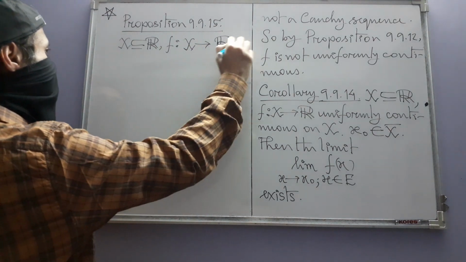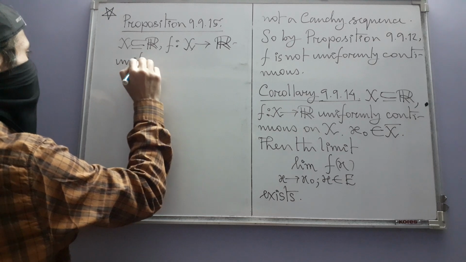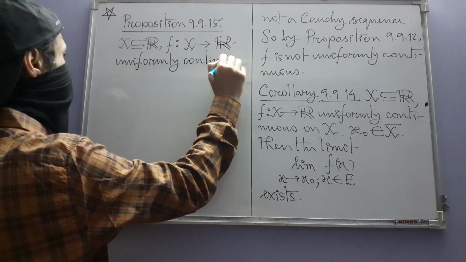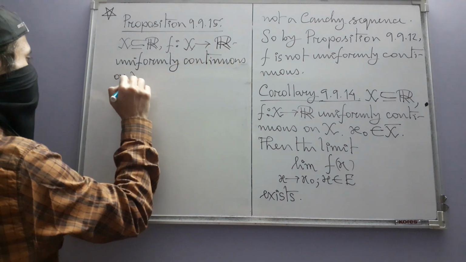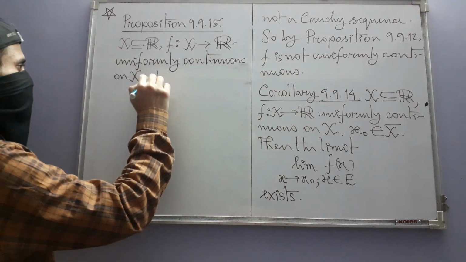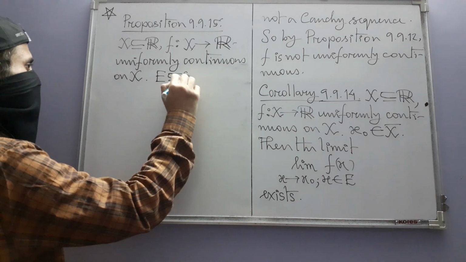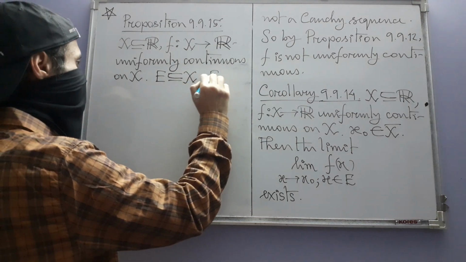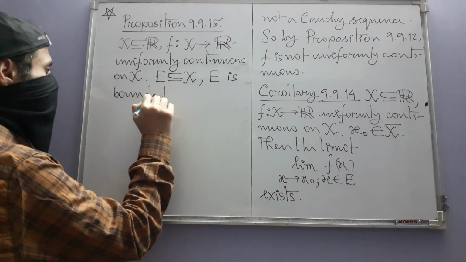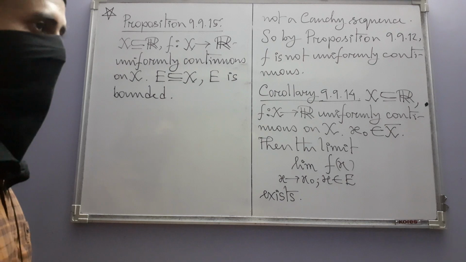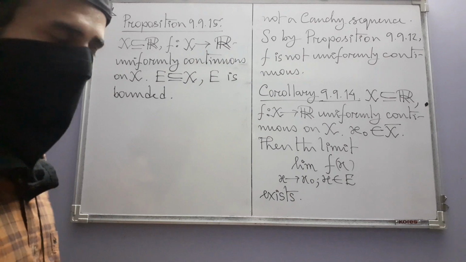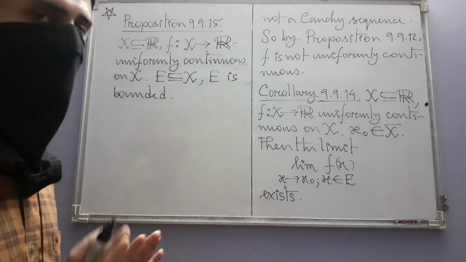This is uniformly continuous on X. Now if E is a subset of X such that E is bounded, that means E is contained in some open interval whose boundary points are real numbers.